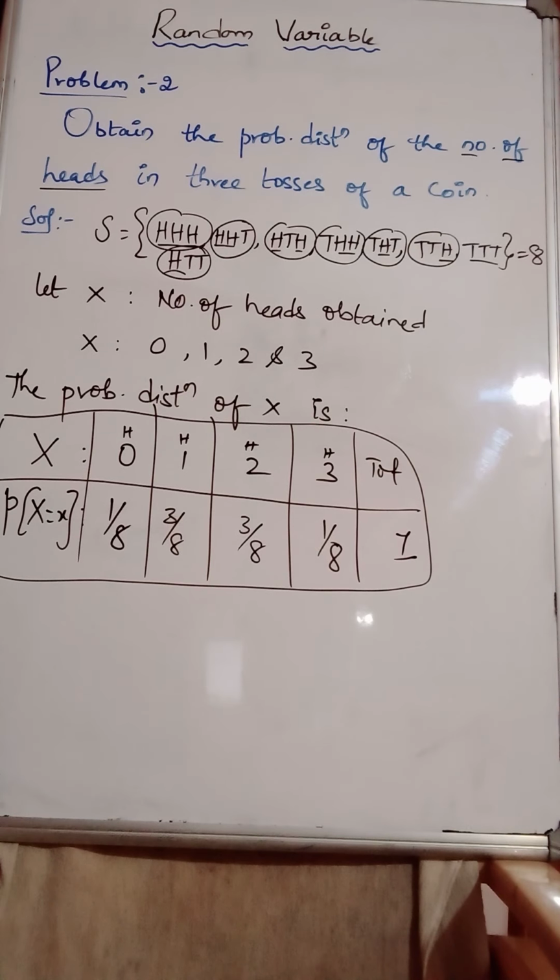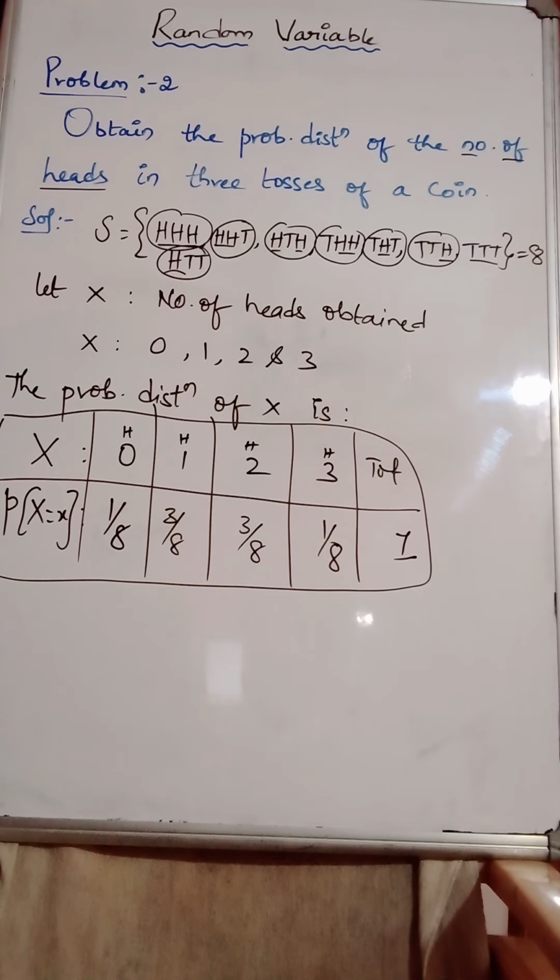You got it? So this is a problem. Now let us see few more example problems in the next video. Hope you understand the concept of random variable. Kindly refer to the theoretical aspects. Definitely you will understand the concept. The random variable itself is associating real values to the domain function X, right?